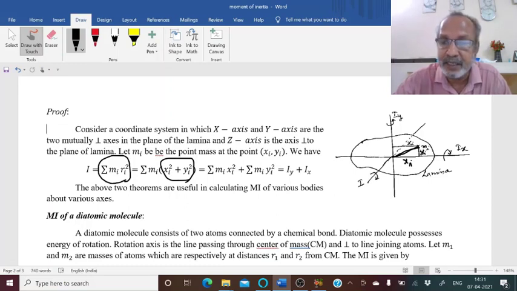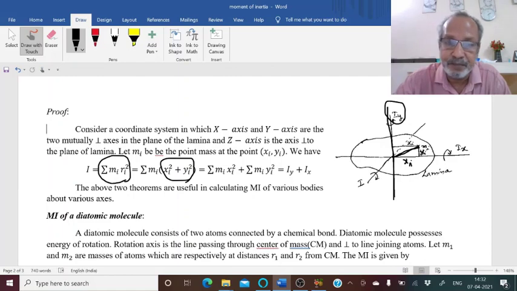In sigma Mi xi square, xi is the distance between mass and this vertical axis. So sigma Mi xi square will be this Iy, the moment of inertia Iy.